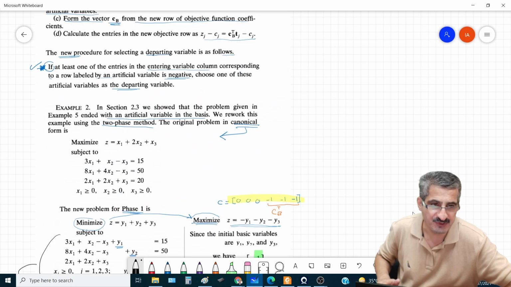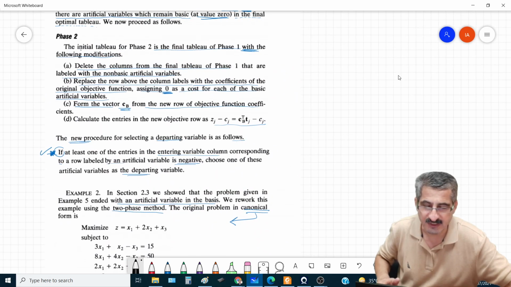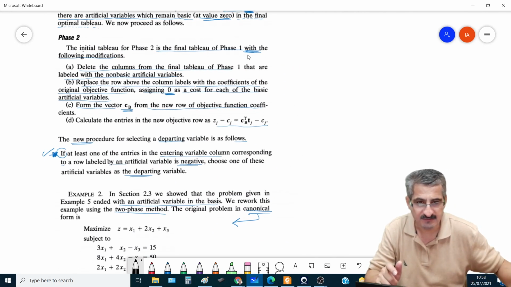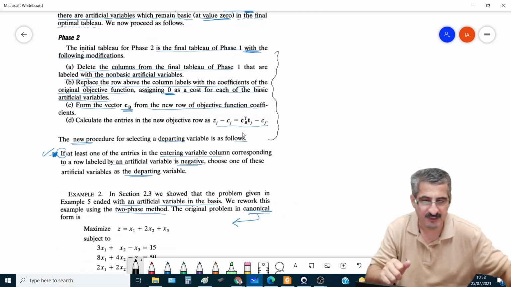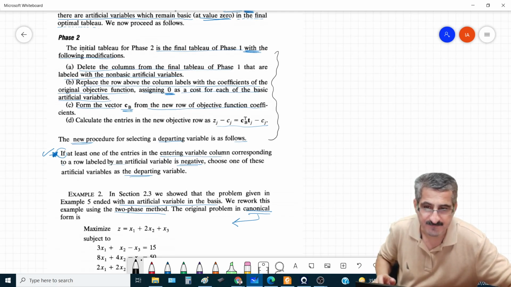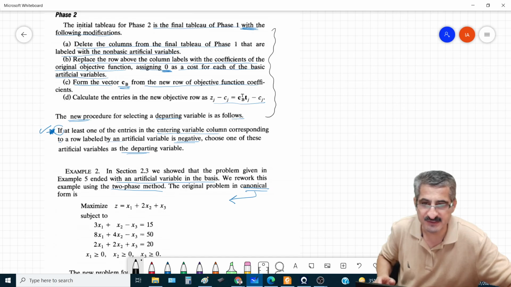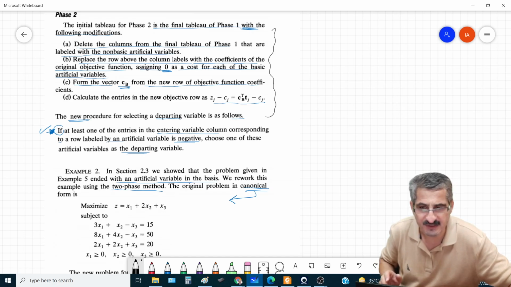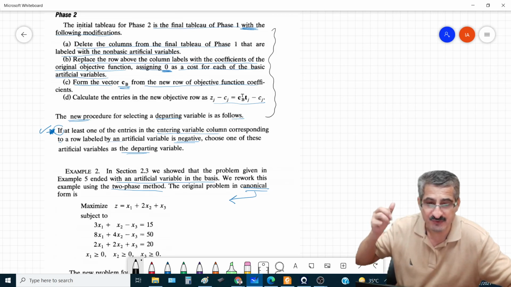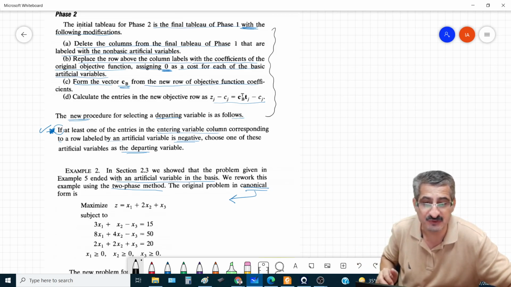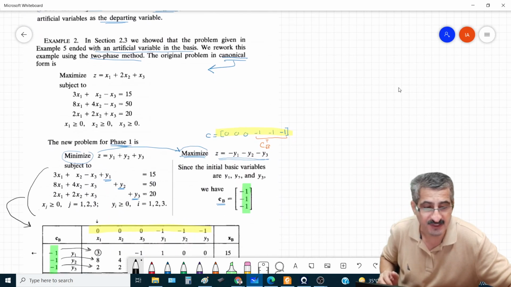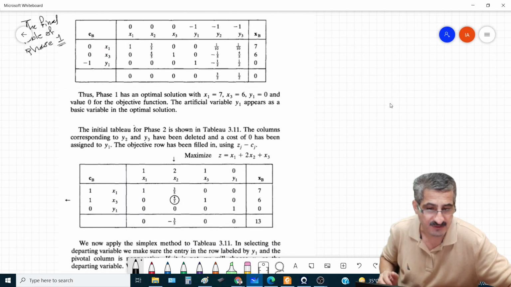We go to the procedures above here and apply them all. Now it says delete the columns of the artificial variables that are not basic. Replace the row above the columns with the coefficient of the original objective function, and then form CP. Okay, so let's go.